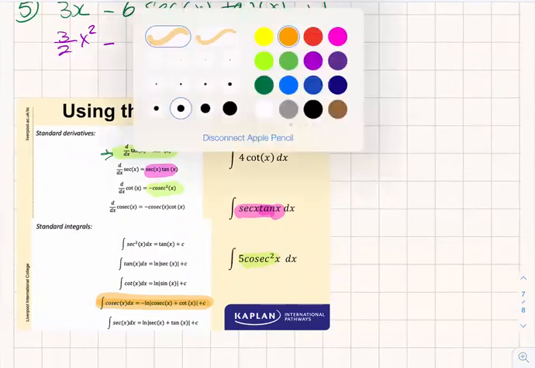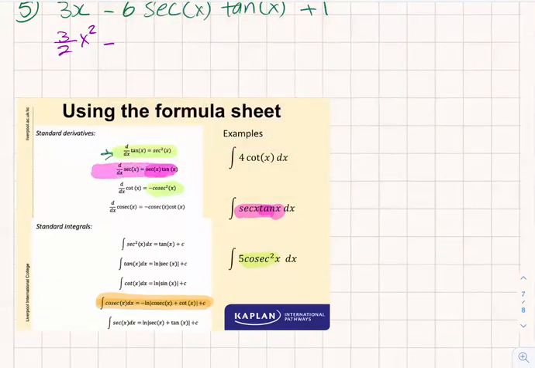The derivative of secant is secant tan, so therefore the integration of secant tan is going to be secant x. So that's going to be minus 6 secant x, and plus 1 is x, plus c. And that's it.